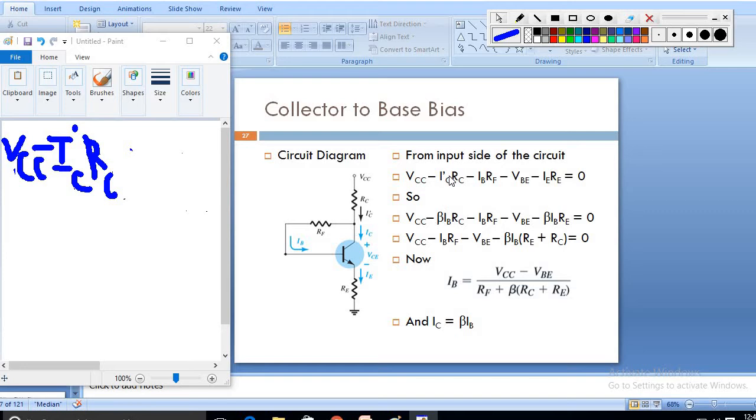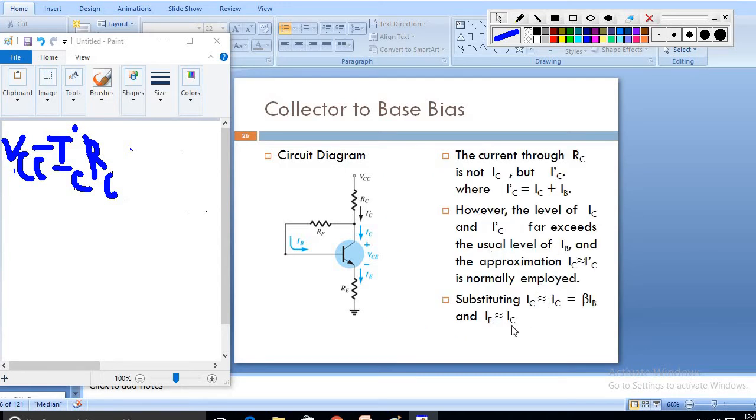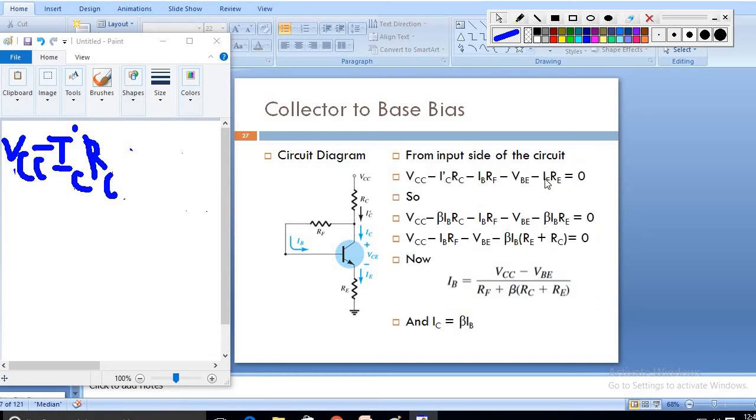IC dash is equal to IC, and that IC in turn is equal to beta IB. See here, IE is also equal to IC, because the current flowing through this RE is the same as IC. For that reason IE is equal to IC. I am replacing IE as beta IB.